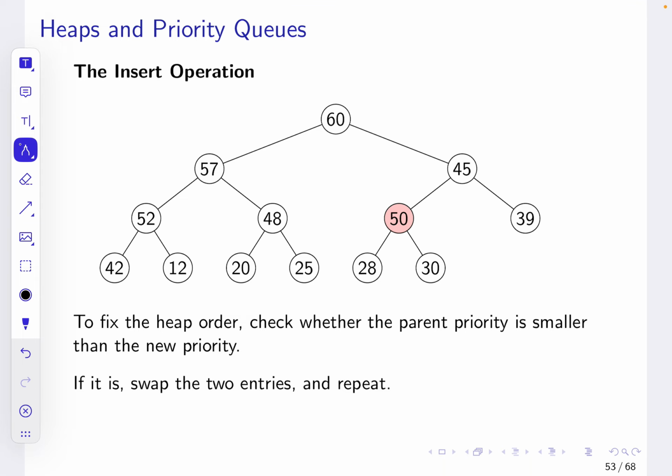We find that the parent is indeed less than the child, so we swap them. Now, we do the same thing with the entry we're inserting and its new parent. 45 is less than 50, so we do that swap again.